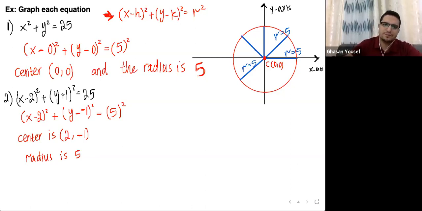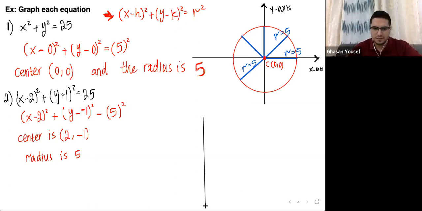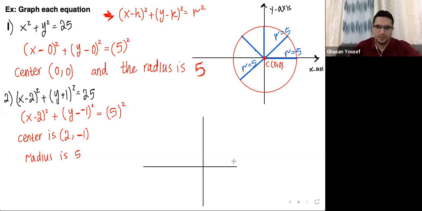Now to graph this one, I have to draw the x and the y axis. Here's the x-axis and this is my y-axis. The center is at 2 and minus 1. This is my center. So this is 1 here, 2 and minus 1, around here.